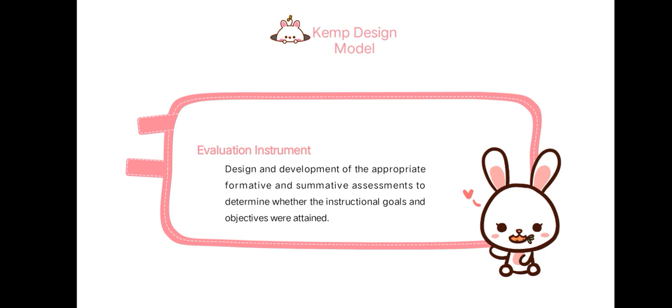On the other hand, summative assessments are administered at the end of a unit, course, or instructional period to evaluate overall students' learning and determine the extent to which instructional goals and objectives have been met. So those are the two main types of evaluation instrument.